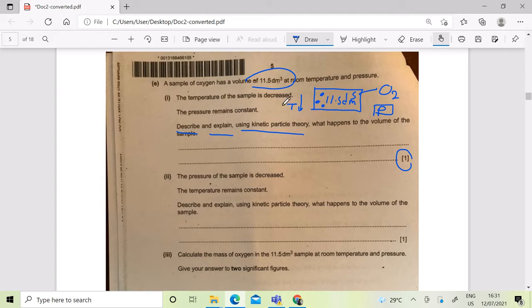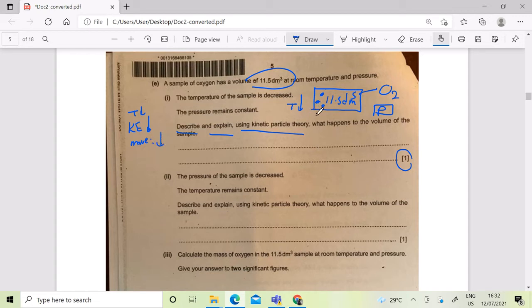You should know that when you decrease the temperature, particles gain less kinetic energy, or in other words, the kinetic energy of the particles decreases. Then the particles move very slowly.